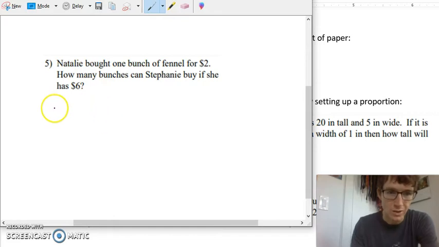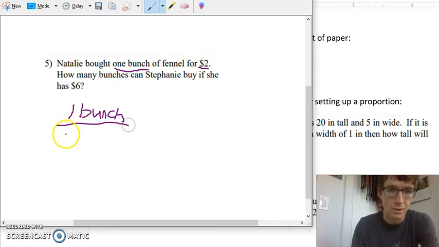So all I'm going to do is set up a proportion. We've got 1 bunch for every $2.